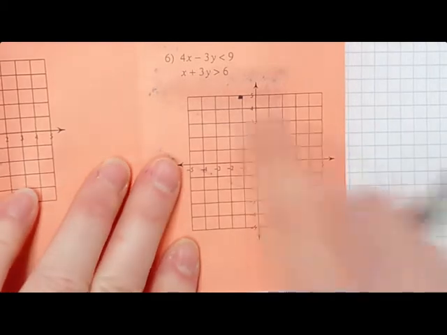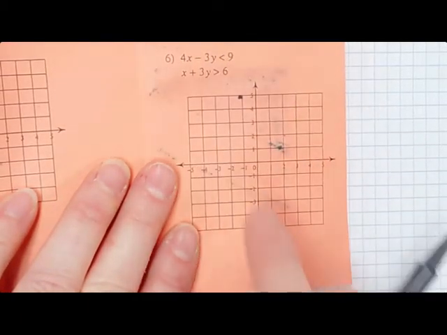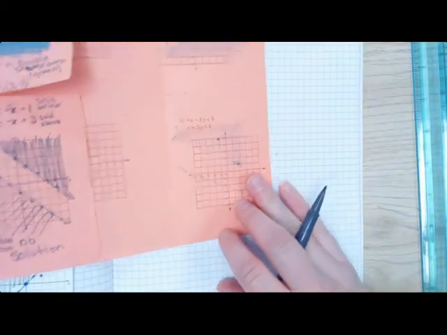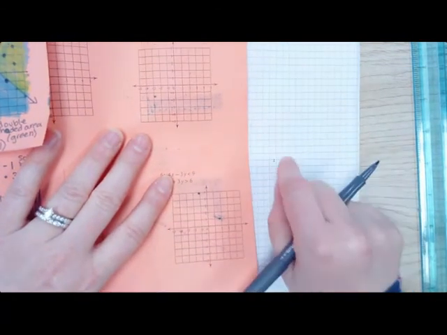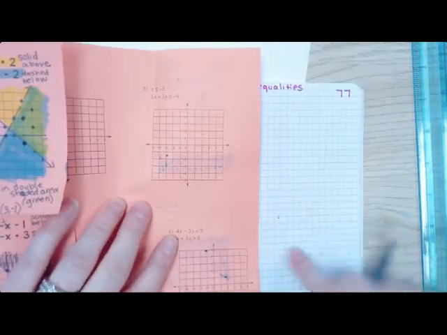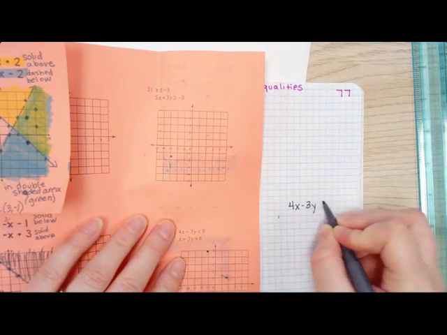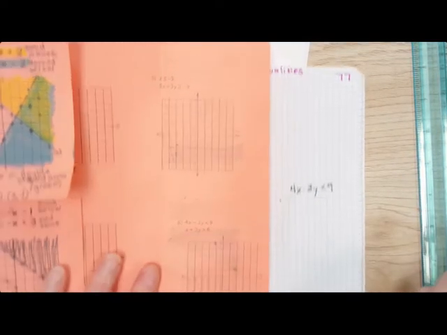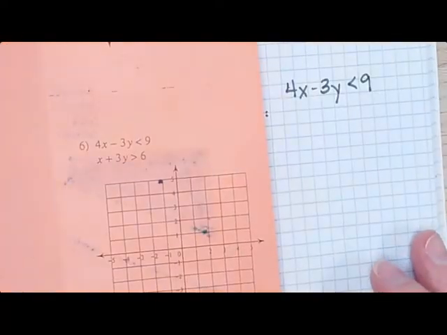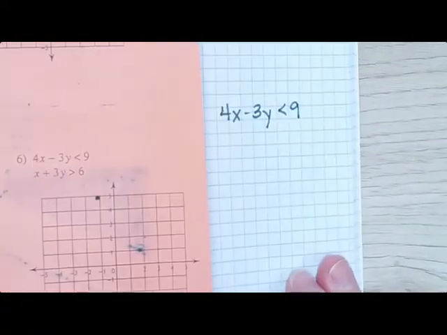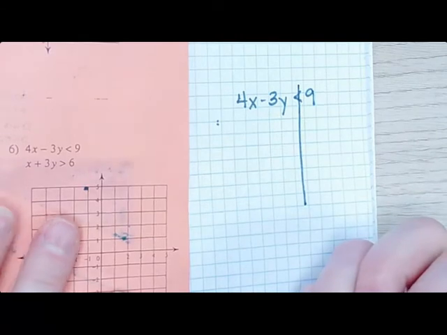All right, on number 6, it says 4x minus 3y is less than 9. What do I need to do with that before I even begin? Solve it. I don't have much room, so I'm going to come over here on page 77 because I'm going to cover it up anyway. So I need to solve this for y.